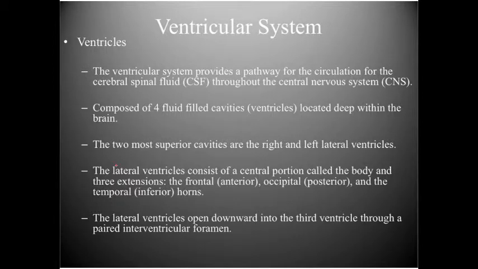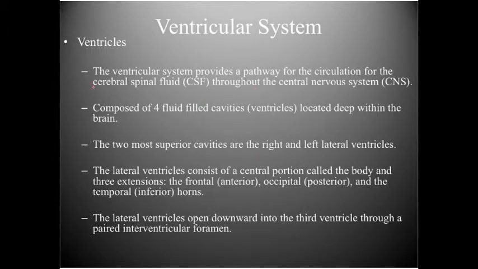As we all know, the ventricular system is very important in terms of looking at the brain, and it's very important for us to distinguish what is normal and abnormal, so that we can better differentiate what is pathological and what is not. The ventricular system provides a pathway for the circulation of cerebrospinal fluid throughout the central nervous system.